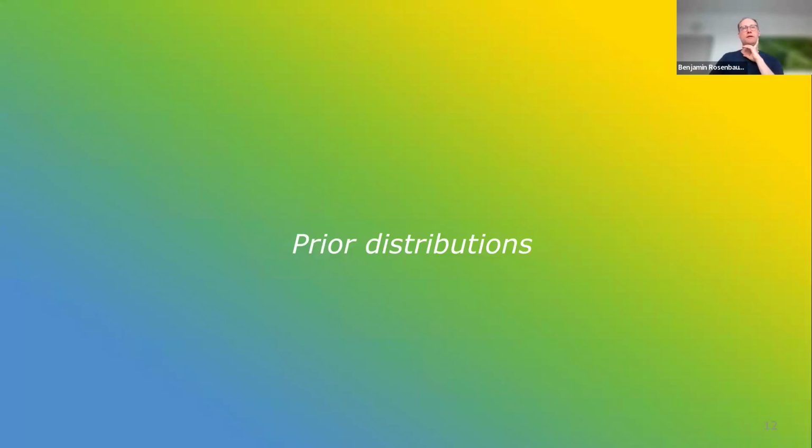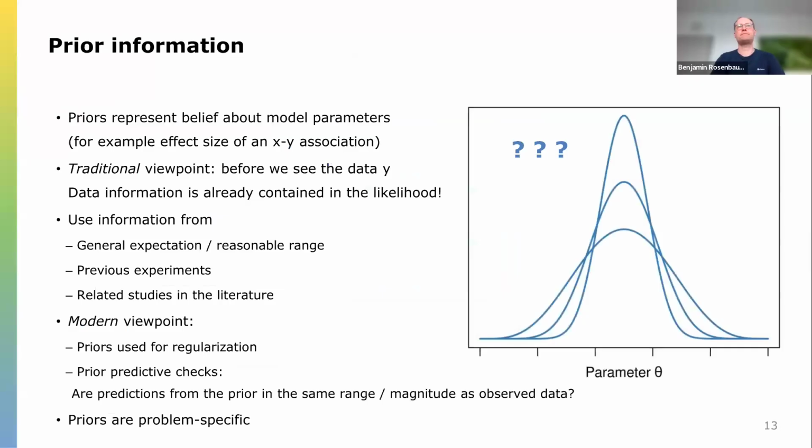Okay, so let's talk about prior distributions. We said they represent my belief about the model parameter. And classically, that's the way I learned it in the course, the instructor said we should write down the prior before we go and observe the data.